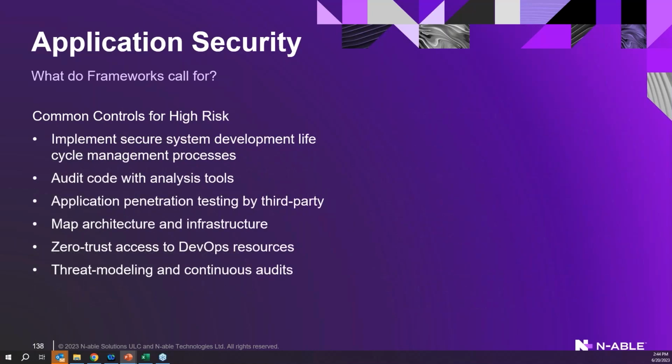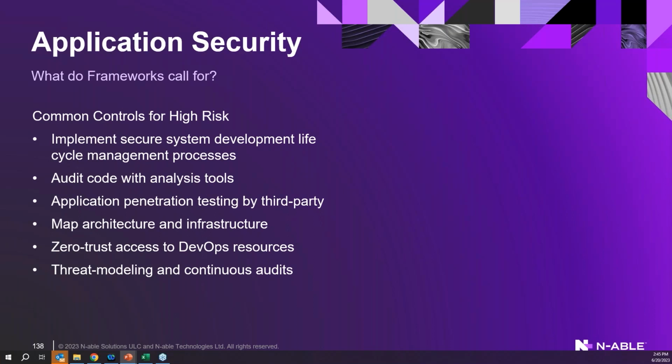And then on the high risk side, they want you to get it nailed down. They want that secure system development lifecycle management process in place. They want the code to be audited as it is generated with static and dynamic analysis tools. Penetration testing by a third party, both black box and open box.